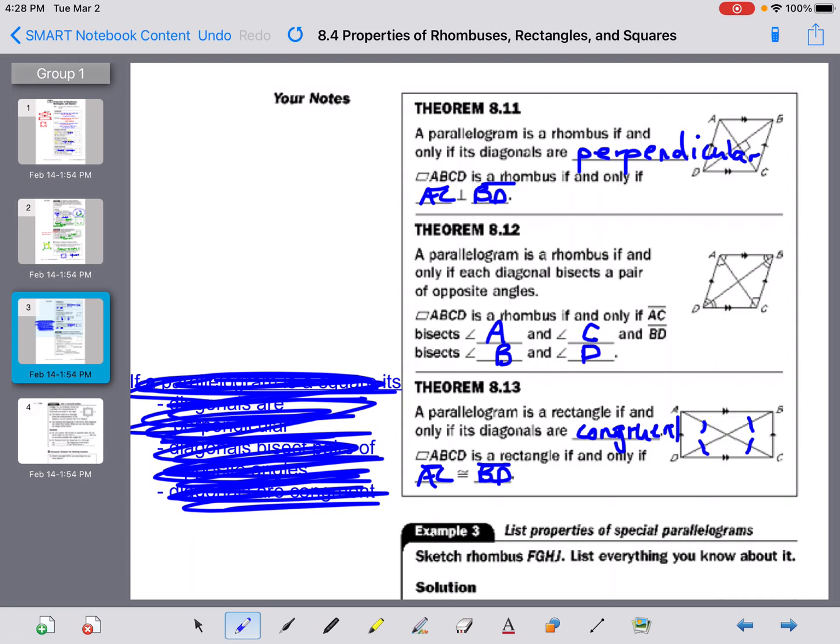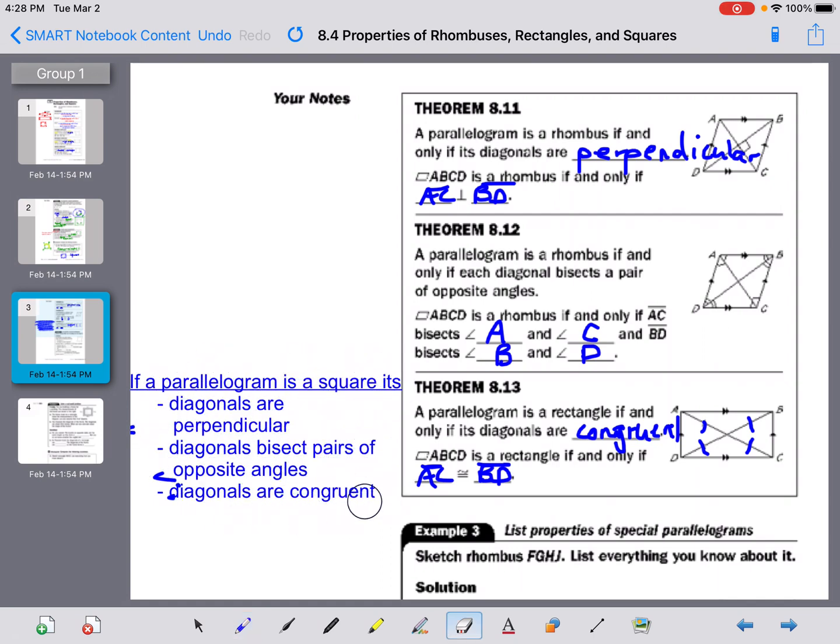Now, usually I would say, when I see all these, I see 2 new rules for rhombus, 1 new rule for rectangle. Why didn't they give me any new rules for a square? Well, this is where I uncover all this and say the reason is because a square shares all of these. So these properties are true for the square. If a parallelogram is a square, its diagonals are perpendicular, just like the rhombus.